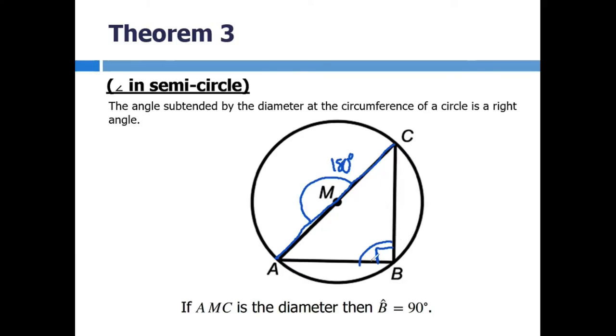If you know that that's a diameter, you know that the angle subtended by the diameter at the circumference is always going to be 90 degrees. And your reason is angle in a semicircle, from the theorem that we've just done. So that's a quick and easy one.